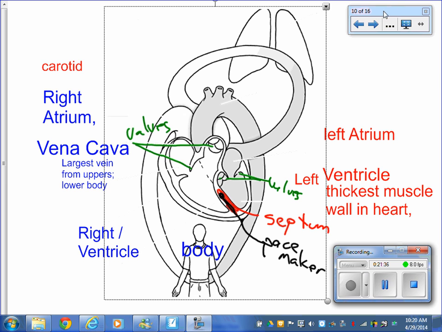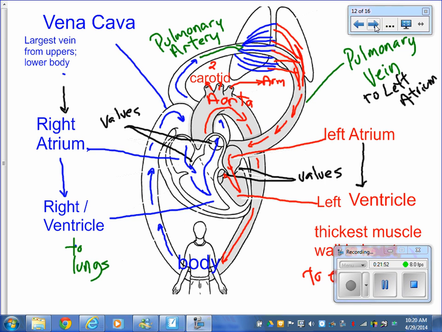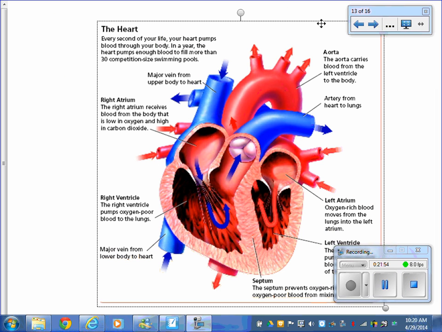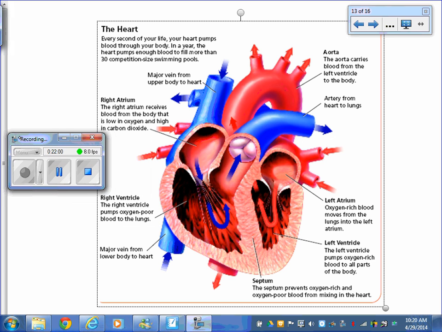All right, next. So again, this is a little bit more detailed. This is just from the textbook, showing you a little bit more detailed version of what's happening. You'll be labeling a picture like this on your worksheet. And then this picture is, again, a little bit more realistic, but hopefully once you've labeled the simplified cartoon picture, this makes sense.